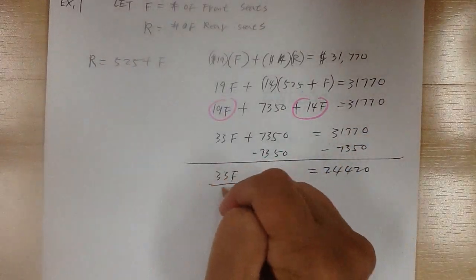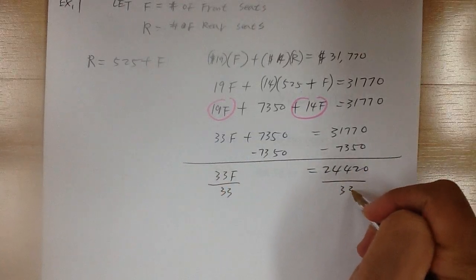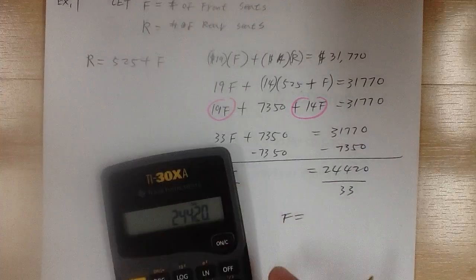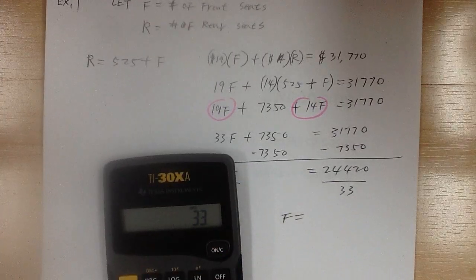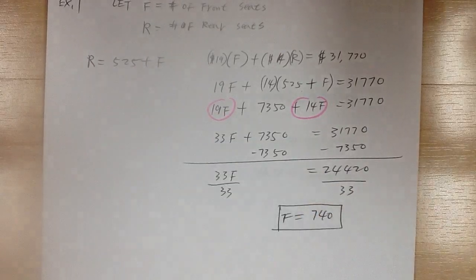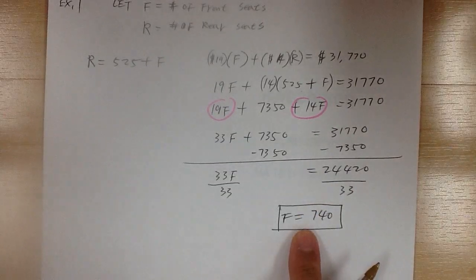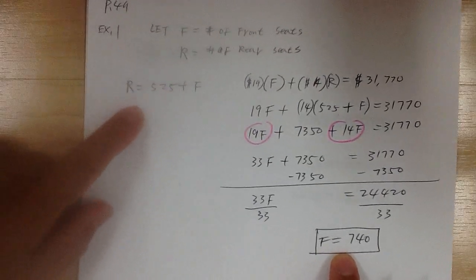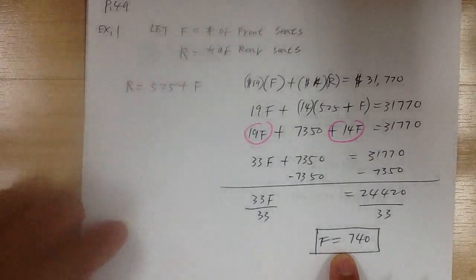Then after that, divide by 33 on each side. So the number of front seats will equal 740. Once you do that, you can put it back in here to find the number of R, the number of rear seats.